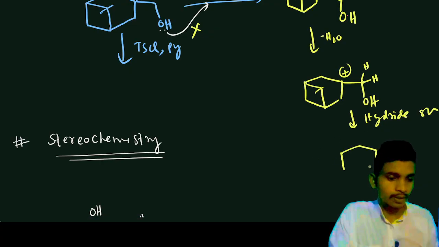So what do we get now? This is going to be the hydride shift. So this is going to be the CH2, and this is going to be the OH, with a positive charge.